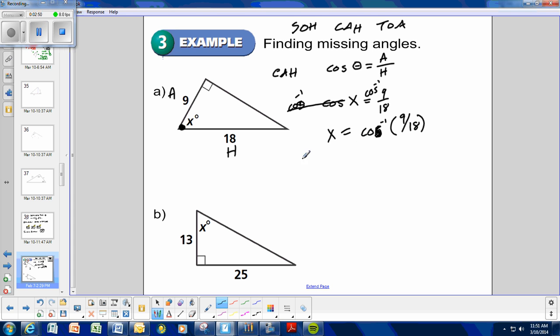So that's what we're going to punch in our calculator: second cosine, and then it probably opens up parentheses, and we're going to hit 9 divided by 18, enter. So if we do that correctly, inverse cosine, 9 divided by 18, and we have our angle. If you did that right, you get exactly 60 degrees.